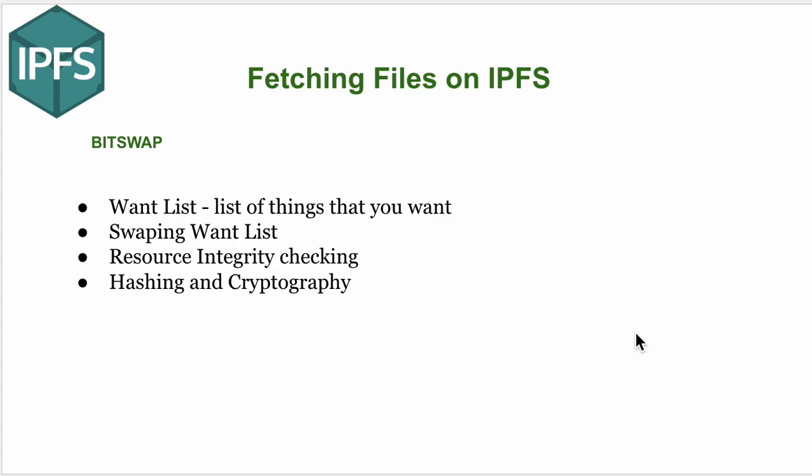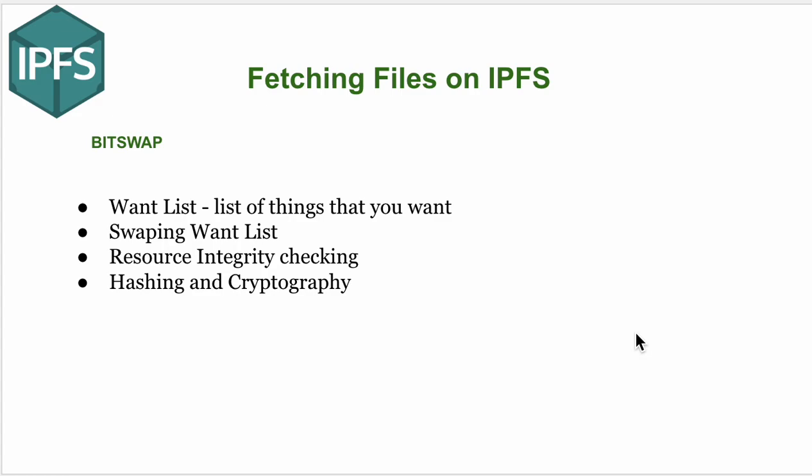So BitSwap is all about the fact that I send you a list of things that I want, and you send me a list of things that you want. So if you want to fetch files, you have a list of files that you want. So you look out to your peers and ask them which of them have the files that you want, and they also can send you their want list, which contains what they also want, and you both check to see if they have.